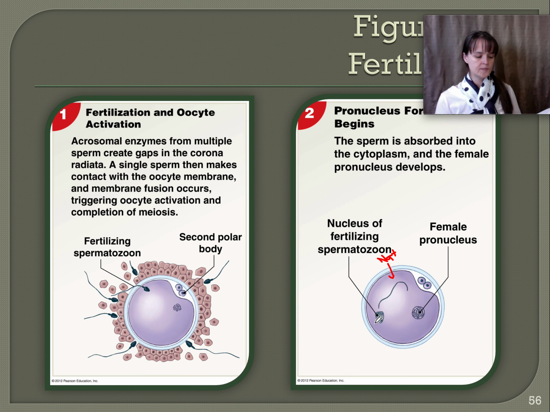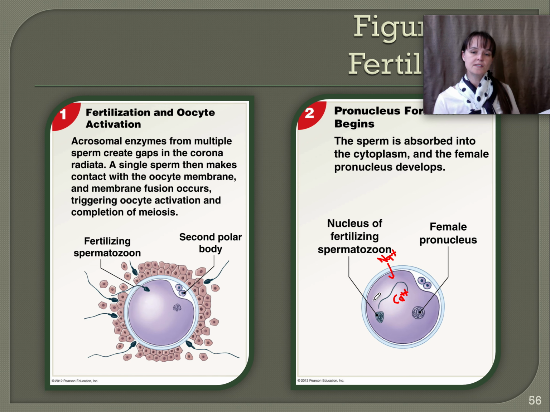The influx of sodium causes, of course, depolarization, and that causes a release of calcium from the smooth endoplasmic reticulum in the cytoplasm. And the influx of calcium causes three things, bullets.